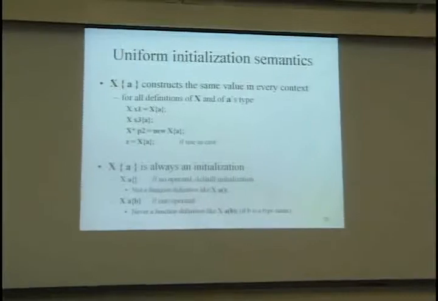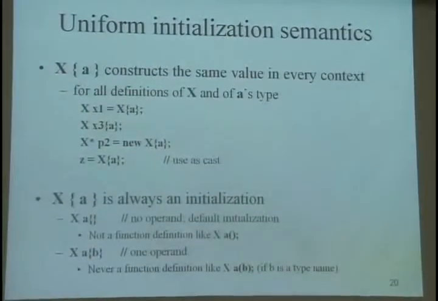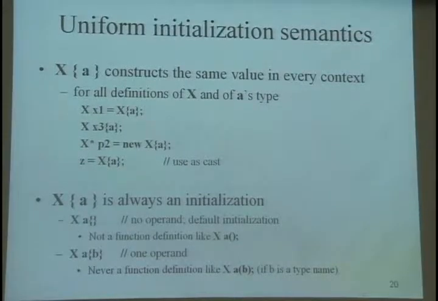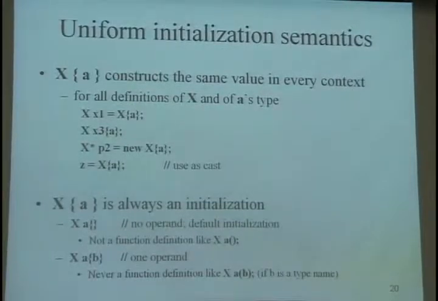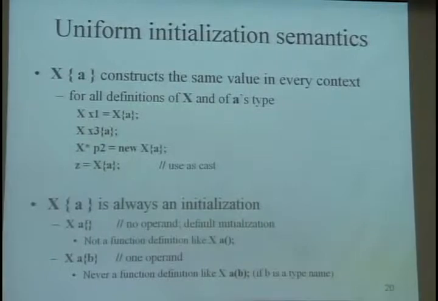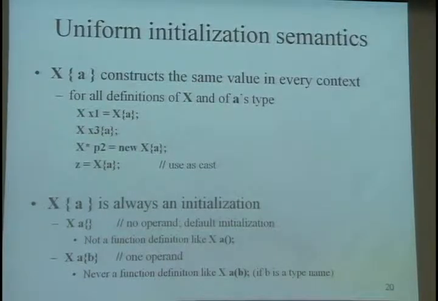So other things you can do, interestingly enough: if you have an x of a value a, it will result in the same value in all contexts. You can try that in C++. Use the assignment notation, use the parentheses notation, use the bracket notation, and you will find that not all places can use all of the variants, and the meanings get rather different.